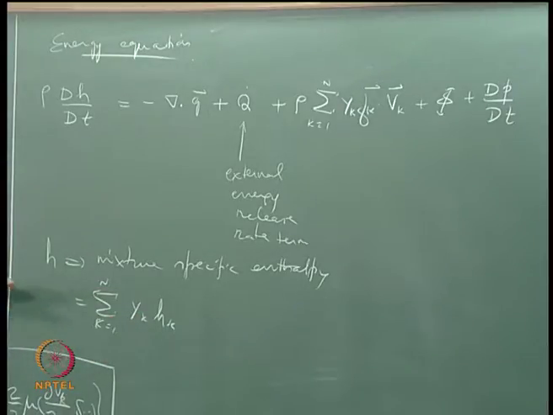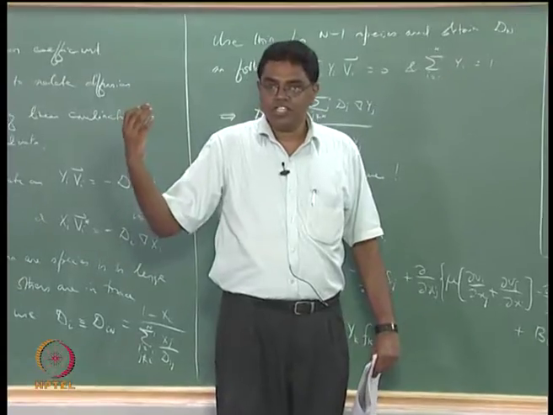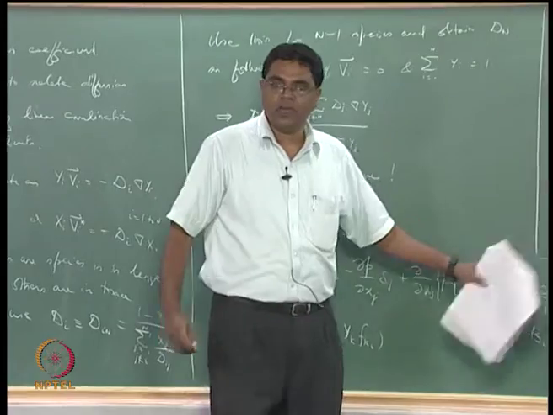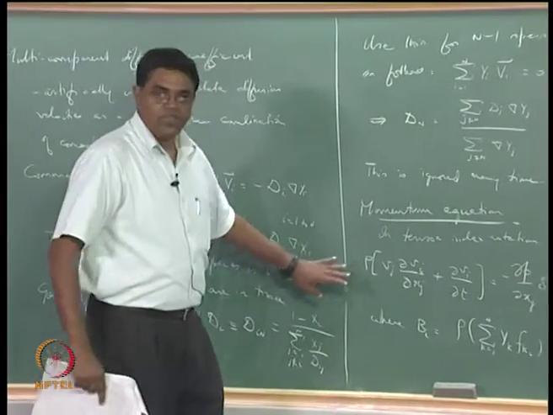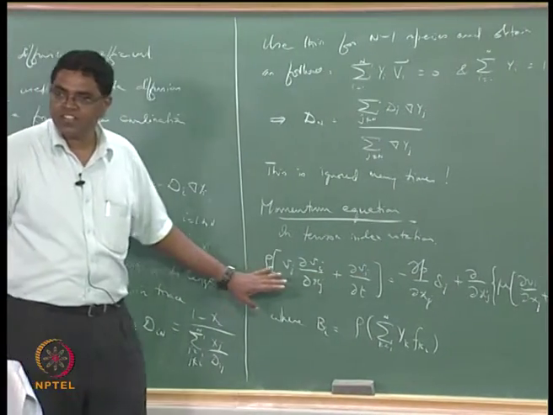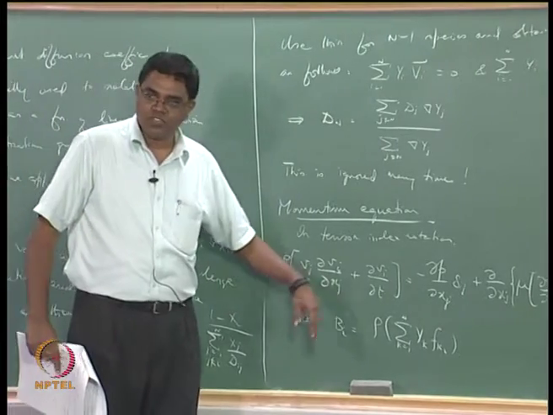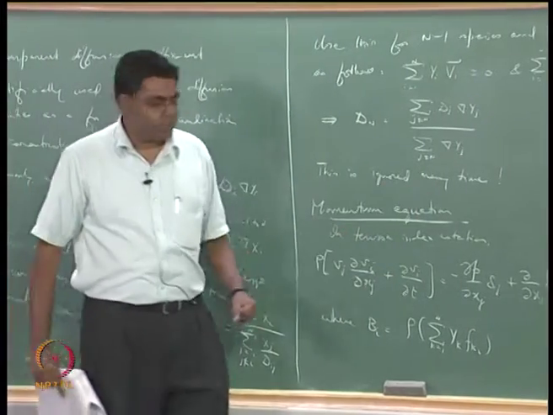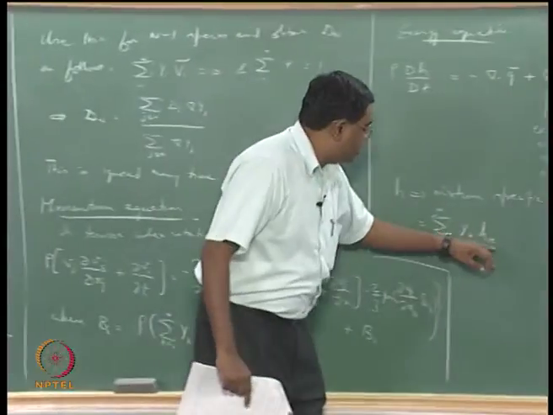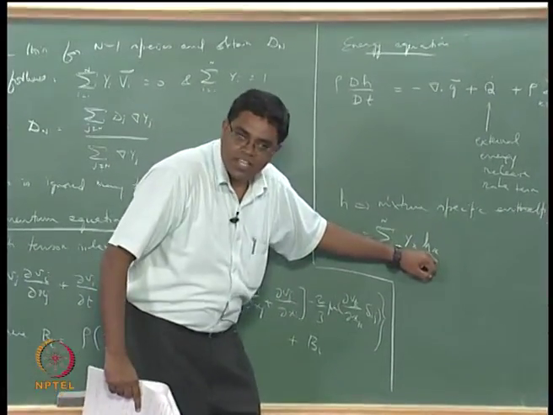By the way, notice that we have shifted from A and B or I and J for species to a capital K, because if we did this with the tensor index notation, we would have I's and J's competing with us, okay. So we now use capital K for species from now on. So h_k is the specific enthalpy of species K.